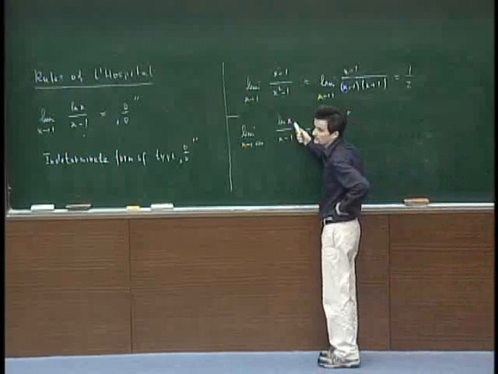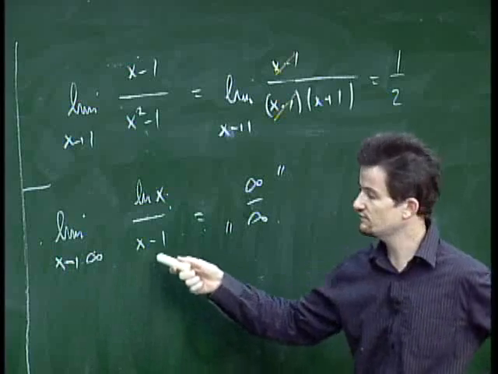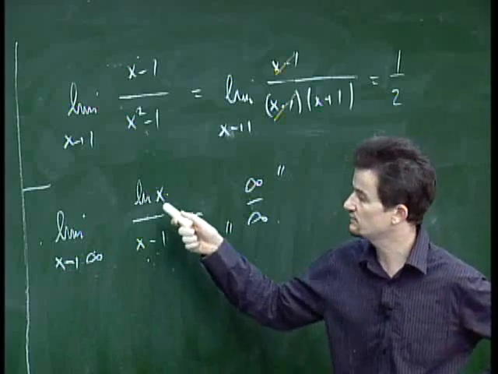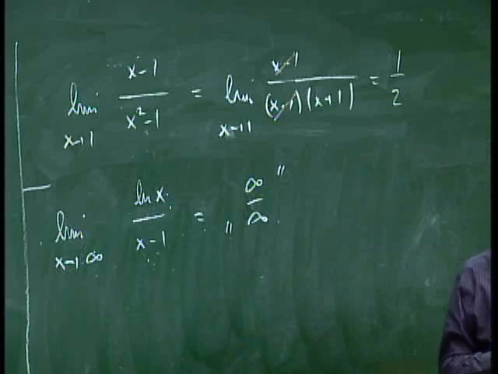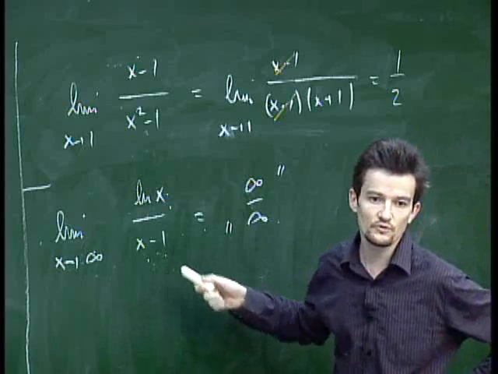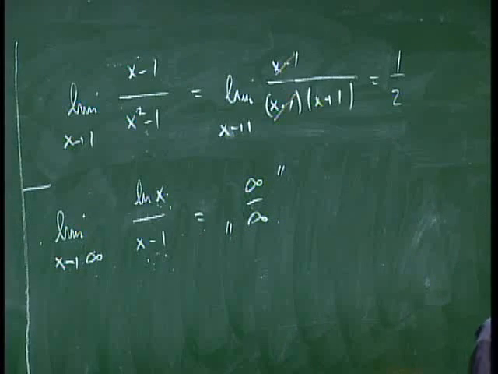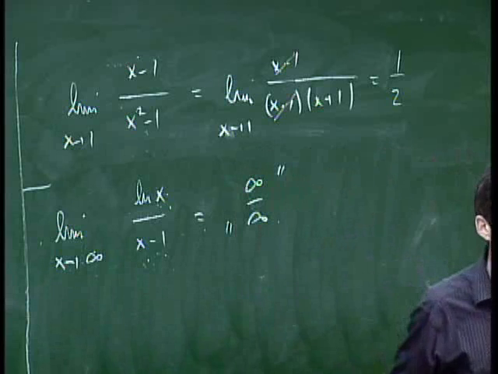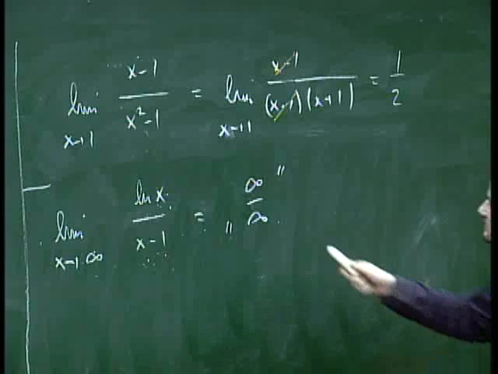The essential thing is which function grows faster as x tends to infinity. Both tend to infinity, and the only question is which one tends to infinity faster. We saw already that ln of x tends to infinity slower than any power function, so you can guess already that the limit is equal to 0, but this is not a proof.